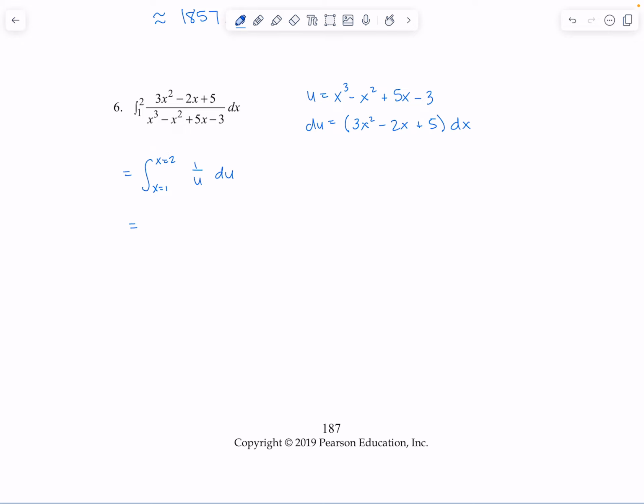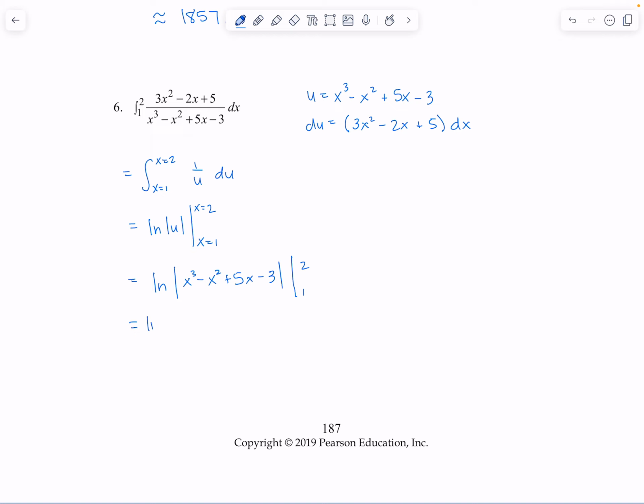Our antiderivative is the natural log of u from x equals 1 to x equals 2. So we've got natural log of x cubed minus x squared plus 5x minus 3. And we're evaluating from 1 to 2.